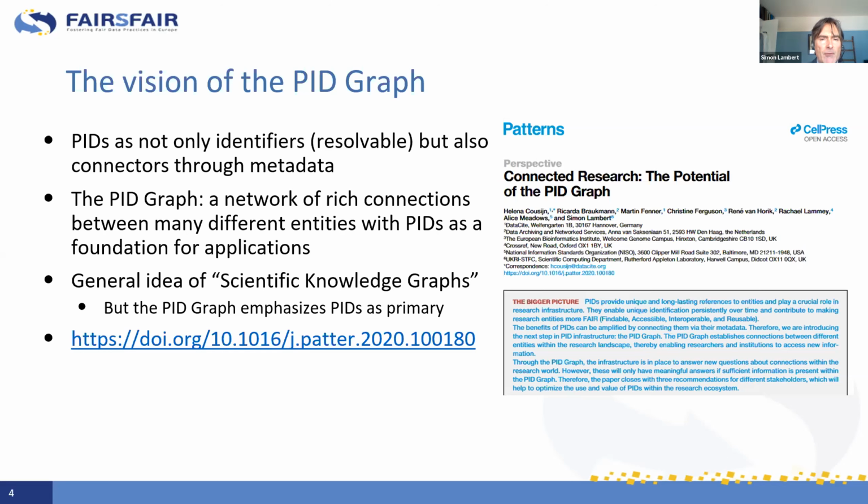So rather than building knowledge graphs in whatever way you can by harvesting, for example, the PID graph inverts that relationship and makes the persistent identifier primary, and then builds a network of objects linked through their persistent identifiers. And this is explained in a paper that we published in the open access journal Patterns. There's a link to it there.